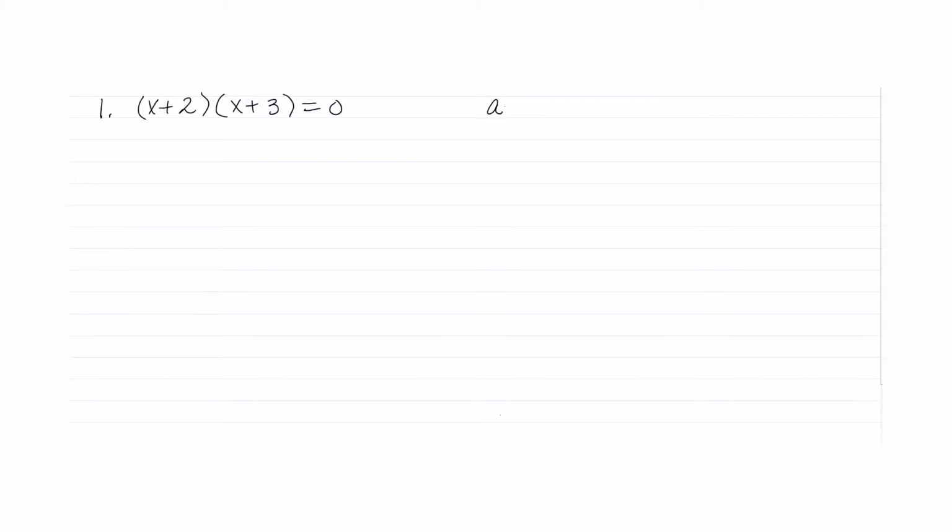The zero factor property says that if a times b equals 0, then either a equals 0, b equals 0, or both equal 0.